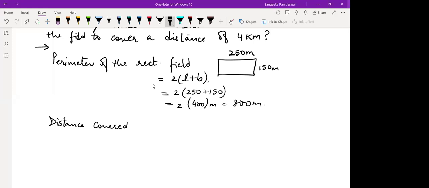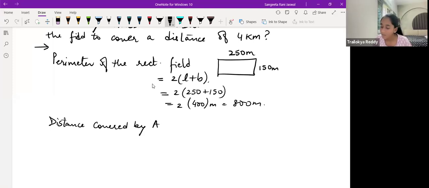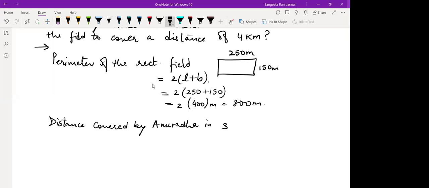Yes, good, which is 2,400 meters in 3 rounds. So that will be 3 into the perimeter, which is equal to 2,400 meters.